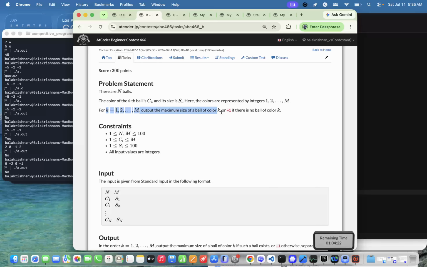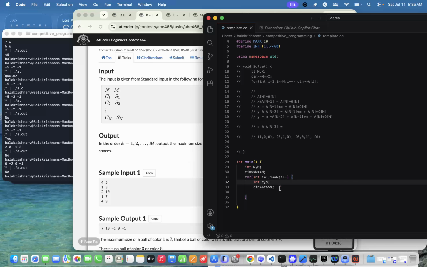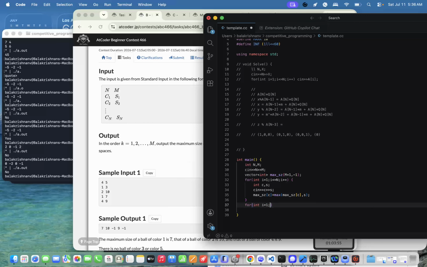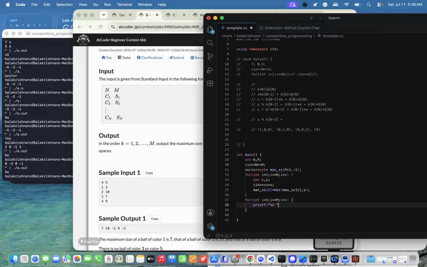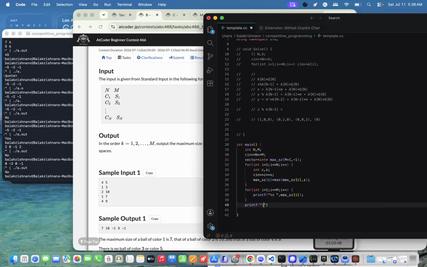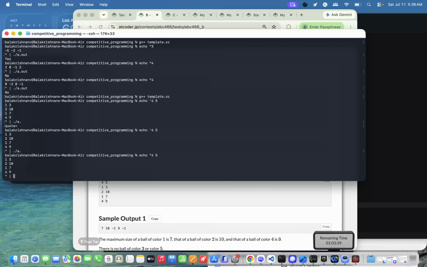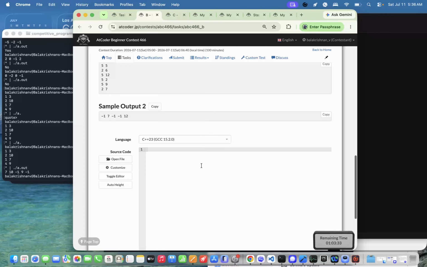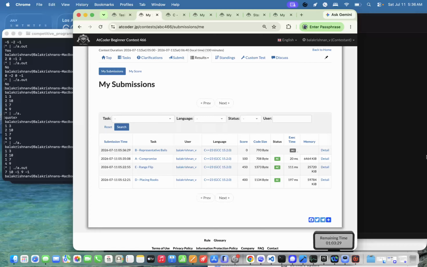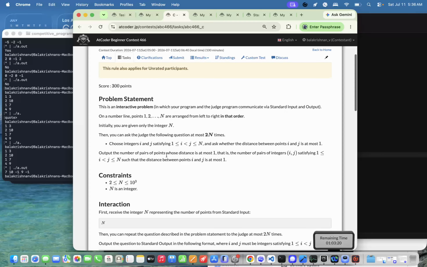Maximum size ball of color K. Now to judge the following questions.